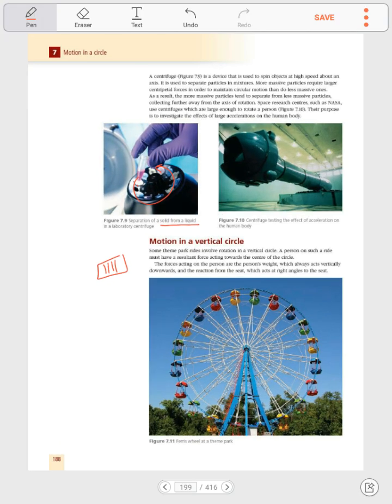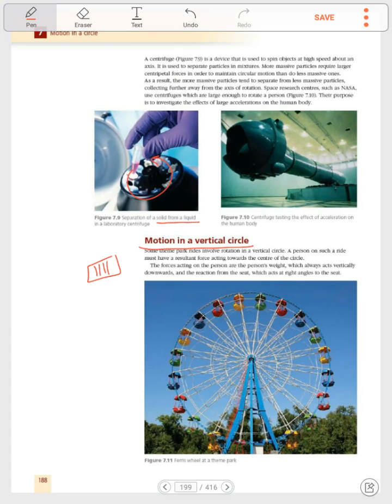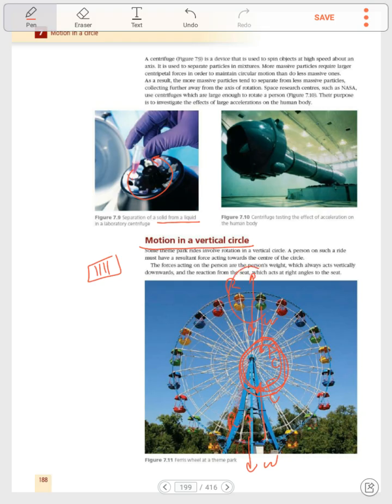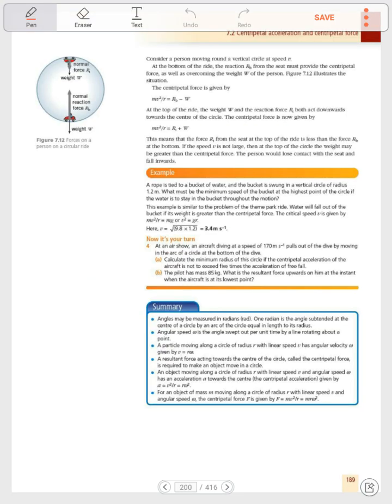Here again we have motion in a vertical circle. All the time the weight will act downward. The centripetal force at the top is down, and the centripetal force at the bottom is up, because the centripetal force has to be all the time toward the center, and the weight is all the time downward toward the center of the earth. Here we have the normal reaction, which has different values depending on the position of the cockpit.